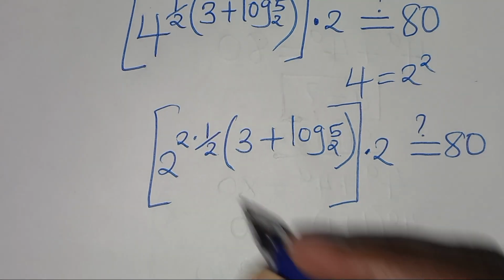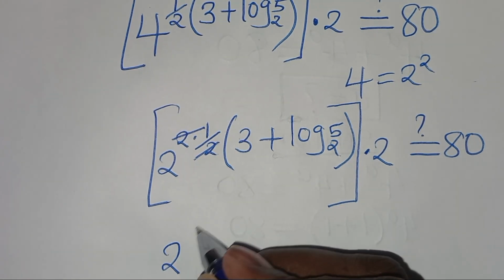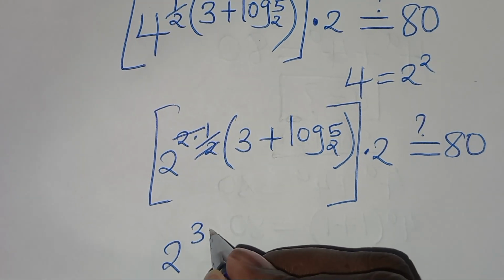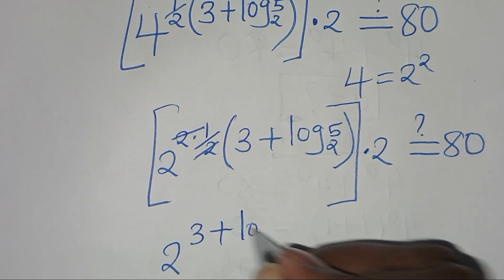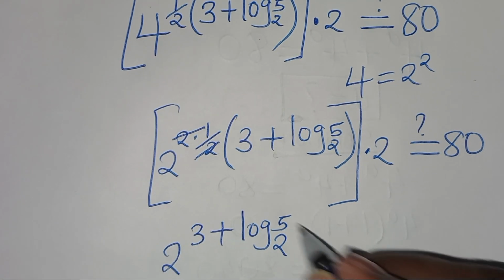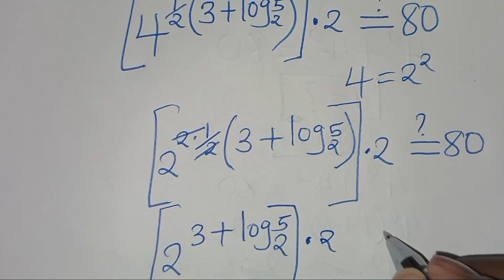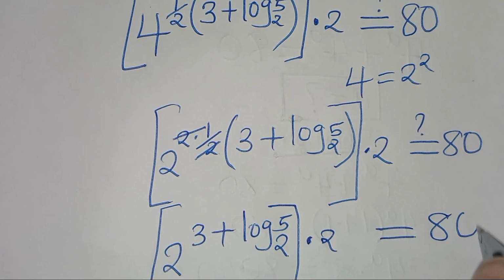The next step from here, let's simplify so that now we have 2 to the power of 3 plus log 5 to base 2, everything here multiplied by 2. This is supposed to give us a value of 80.